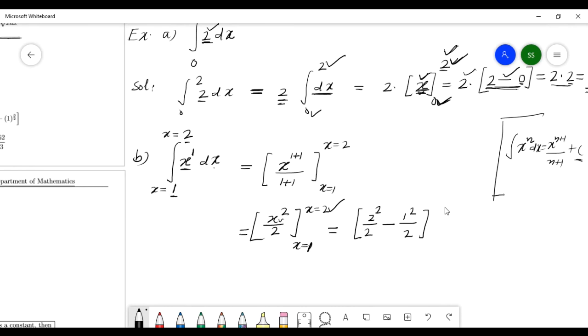First put x equals 2, and then subtract x equals 1. Here 2 squared is 4 over 2, minus 1 squared which is 1 over 2. So this equals what? Here 4 minus 1 is 3, 3 by 2, and 3 by 2 is 1.5. The area is 1.5.